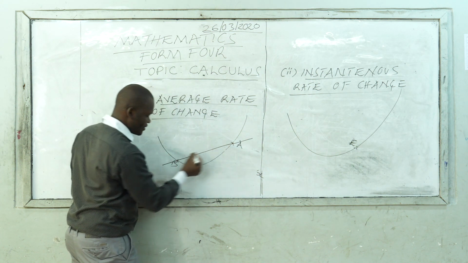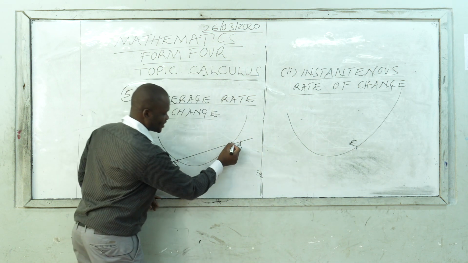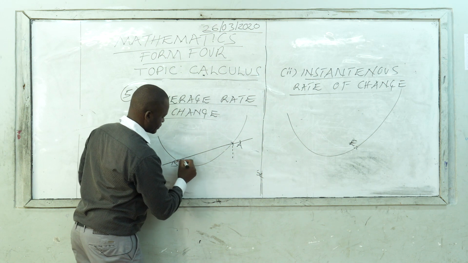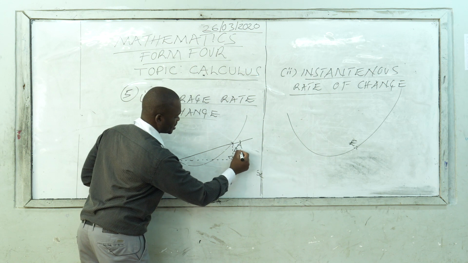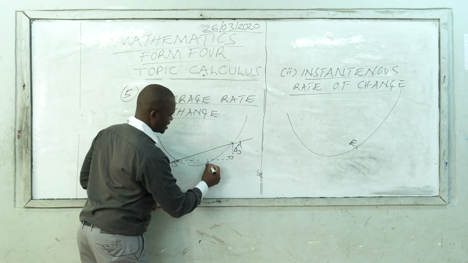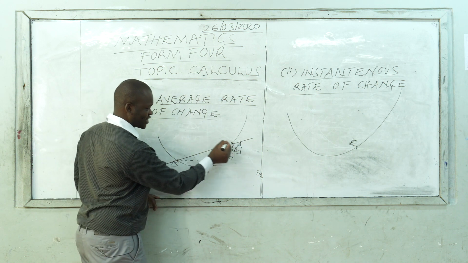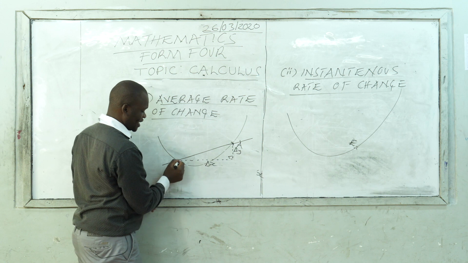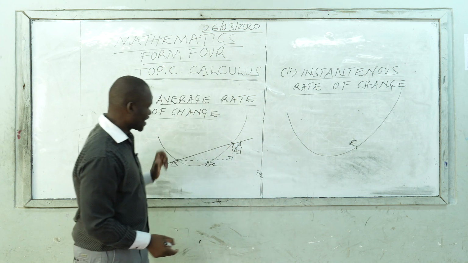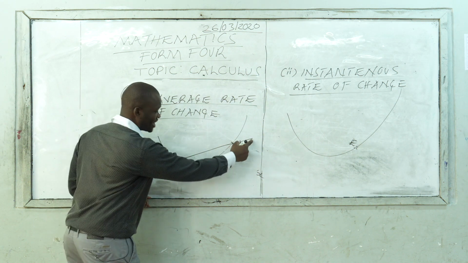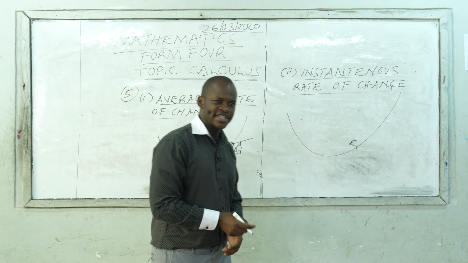So I've got point A and point B connected by this straight line. That connection will give us change in Y and change in X. Given that you know the coordinates of A and B, use the coordinates to find the gradient of that line, and that will give you the average rate of change.